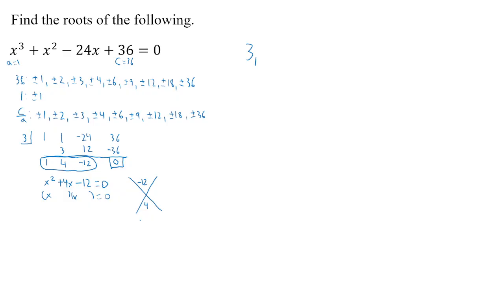So we're looking for 2 numbers that multiply to get negative 12 and add to get 4. And those 2 numbers are 6 and negative 2. So this is x plus 6, x minus 2.